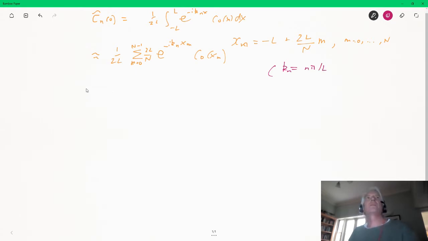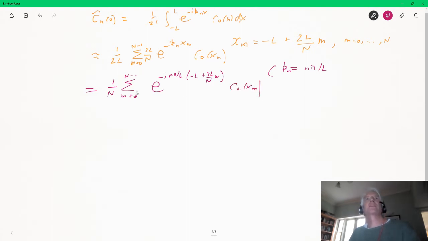Okay, so if we carry on with this, we can cancel the two L's out, and we get xm is minus L plus 2L over n times m, and kn is n pi over L. So we get 1 over n times the sum from m equals 0 to n minus 1 of e to the power of minus i n pi over L multiplied by minus L plus 2L over n times m, times C naught of xm.